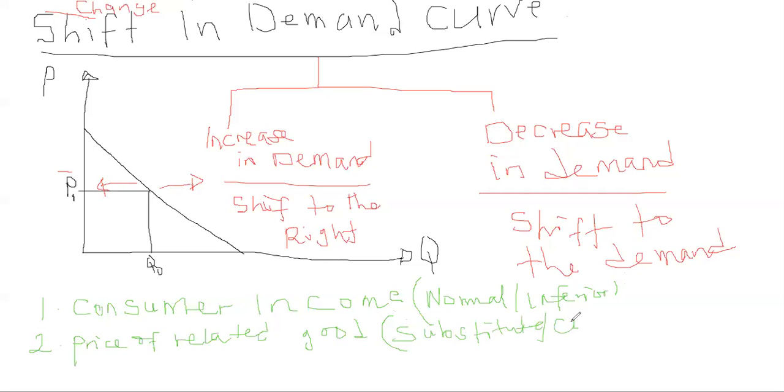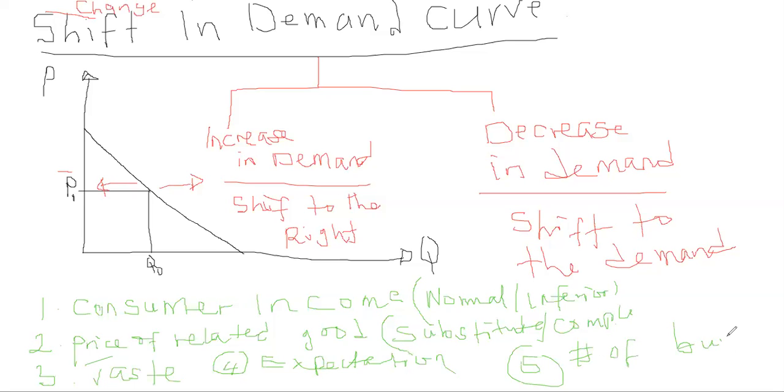We will also look at the taste of the buyer. We will also look at the expectation of the buyers, the expectation about future economic activities, and the last one, the number of buyers.